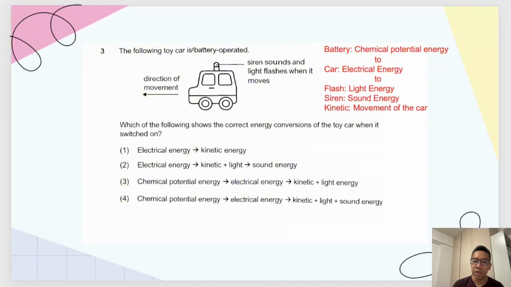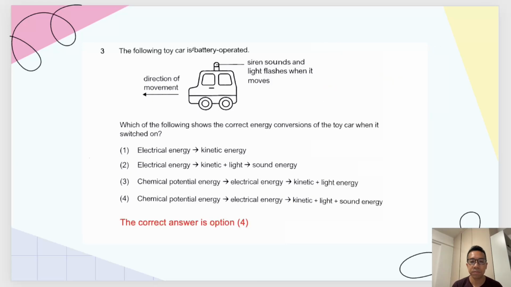From electrical energy, it is converted to light energy in the form of the flash, converted to sound energy in the form of the sirens, and converted to movement of the car in the form of kinetic energy. So the correct option here is option number 4.